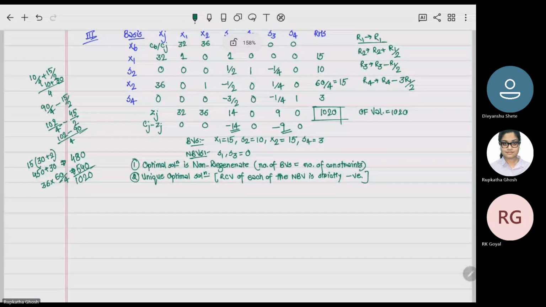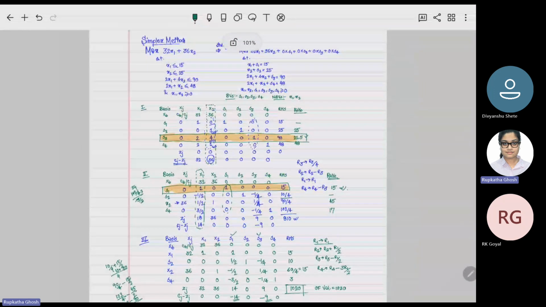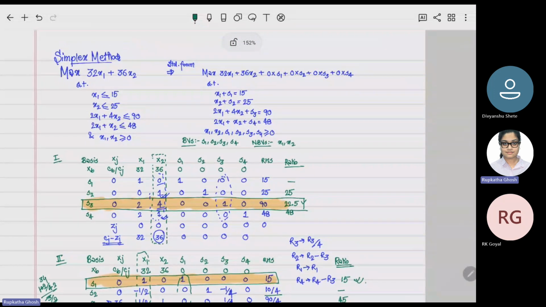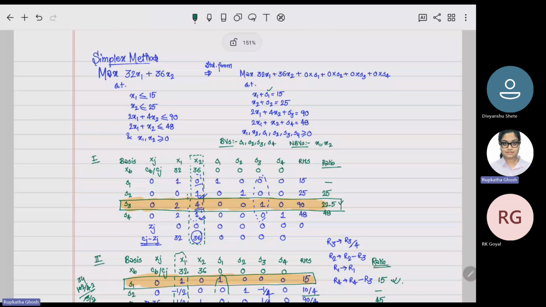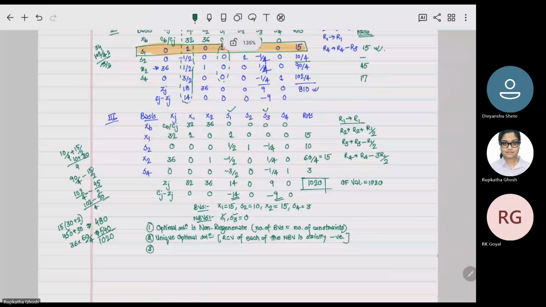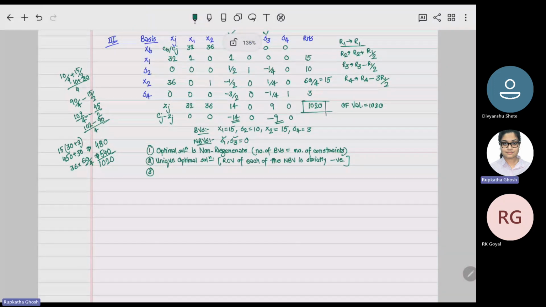Okay. Which constraints are binding? See, S1 and S3 are equal to 0. That means in your original standard form, this S1 and S3 are 0. That means constraint 1 and constraint 3 are binding. Okay.